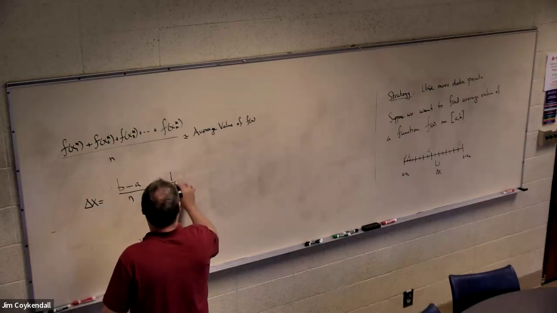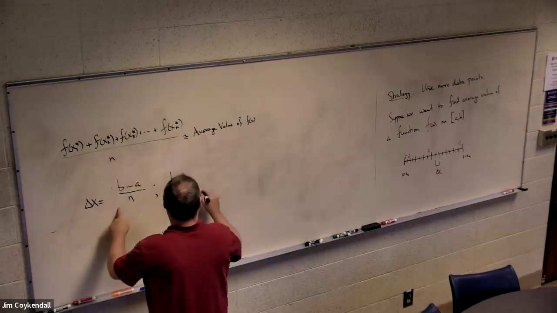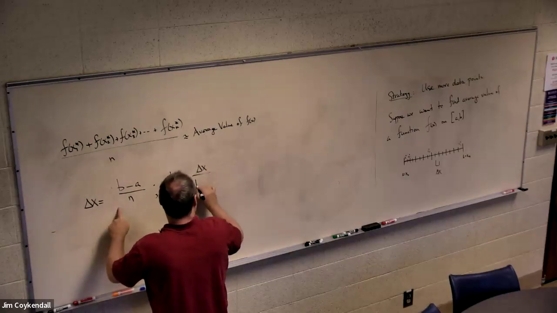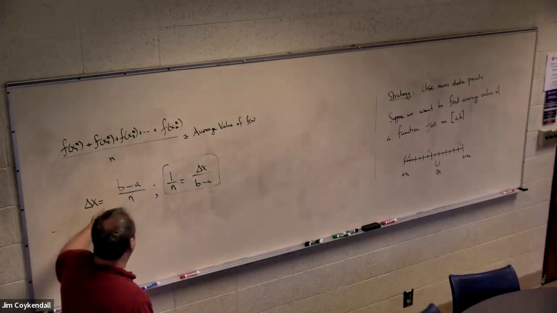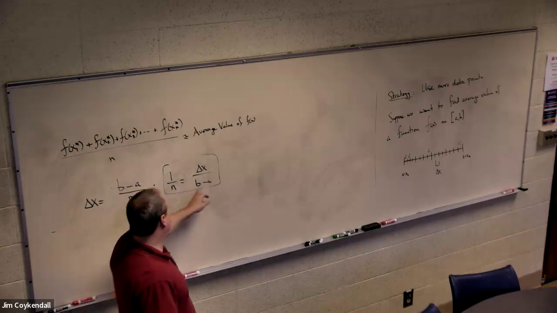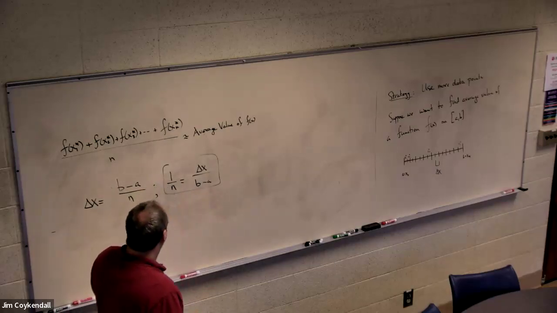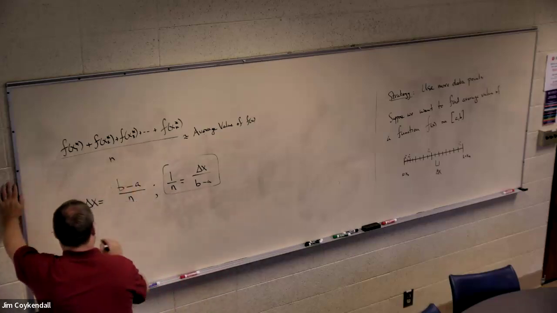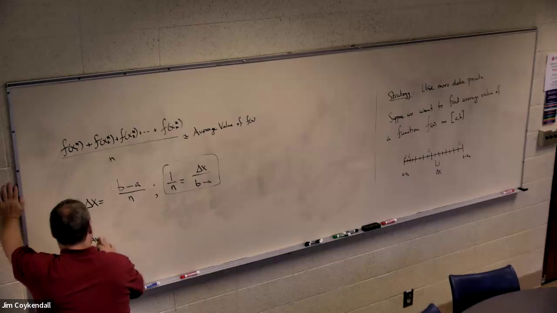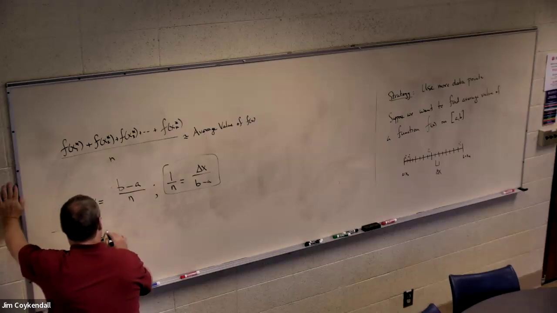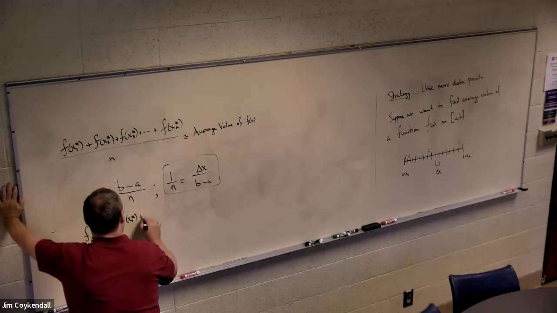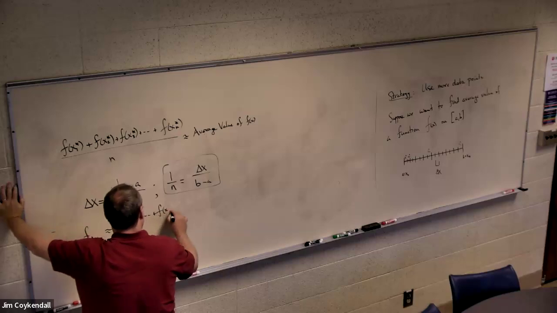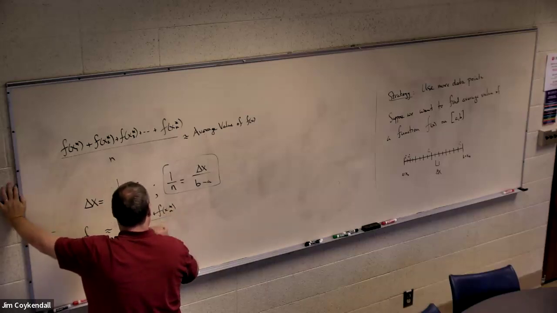And point out that 1 over n is equal to delta x over b minus a. That's just dividing both sides by b minus a. So my average value of the function is the sum of f of x star over n.